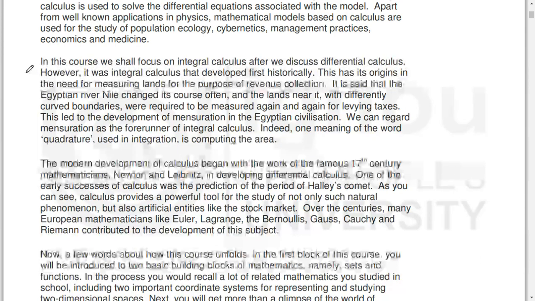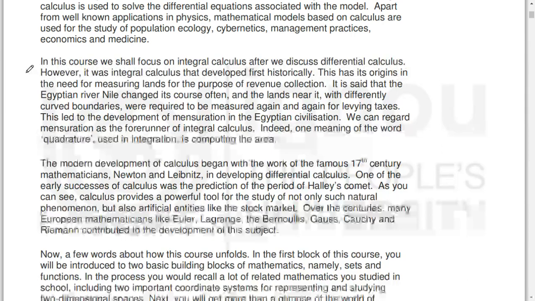It is said that the Egyptian river Nile changed its course often, and the land near it, when differently carved, had boundaries that were required to be measured again and again for levying taxes. This led to the development of mensuration in the Egyptian civilization. We can regard mensuration as the forerunner of integral calculus.